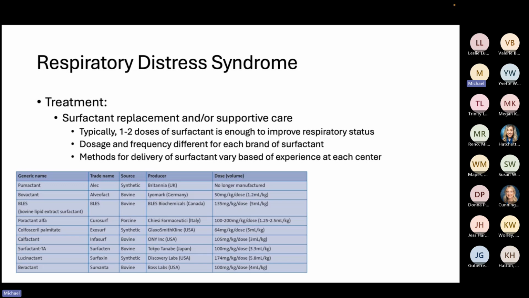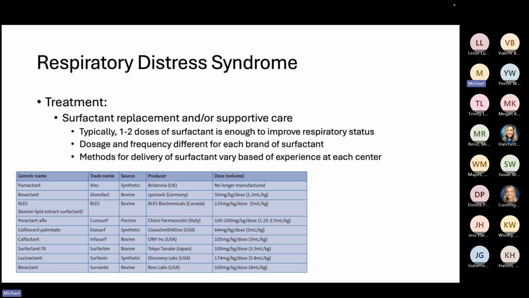They are either synthetic or from bovine or porcine origin, so from cows or pigs. It's important to remember that some of our Jewish and Muslim families who are kosher will oftentimes ask us to not use the porcine derived version, CuraSurf. In that case, you might want to think about using Survanta, which is bovine derived, or Infasurf, which is also bovine derived.